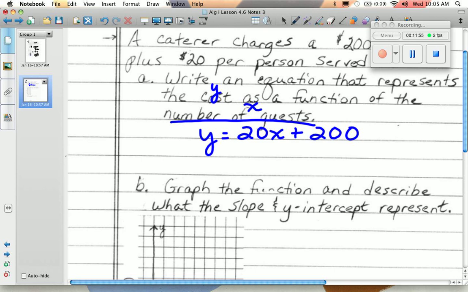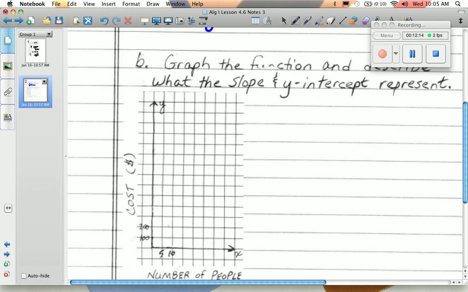But then after that, what happens? For every guest you invite, it goes up $20. So 20 over 1, the rise for every $20, the cost goes up $20 for every one guest that you invite. Okay, so now let's graph that function and write out in words what that slope and y-intercept really represent.